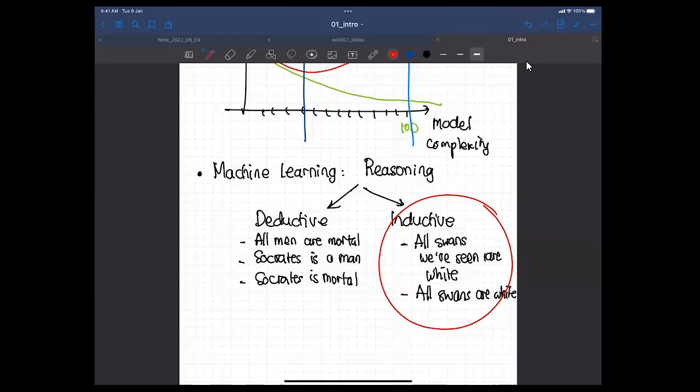And more problematic than that is that your data can be biased. This is a real problem in the world. Facebook has this problem. Google has this problem. Amazon has this problem. If your data is biased, your model will be biased, and your decision will be biased.